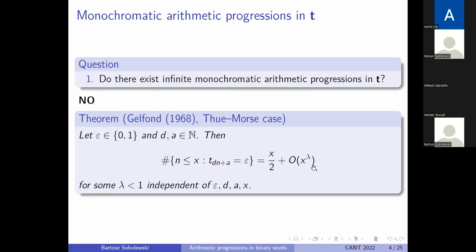And here we have an error term x to the power lambda, where lambda is some number less than 1. So in particular, we see that in every arithmetic progression, there exist infinitely many ones. I mean, the Thue-Morse sequence attains the value 0 and 1 infinitely many times. So there cannot exist infinite monochromatic arithmetic progression.